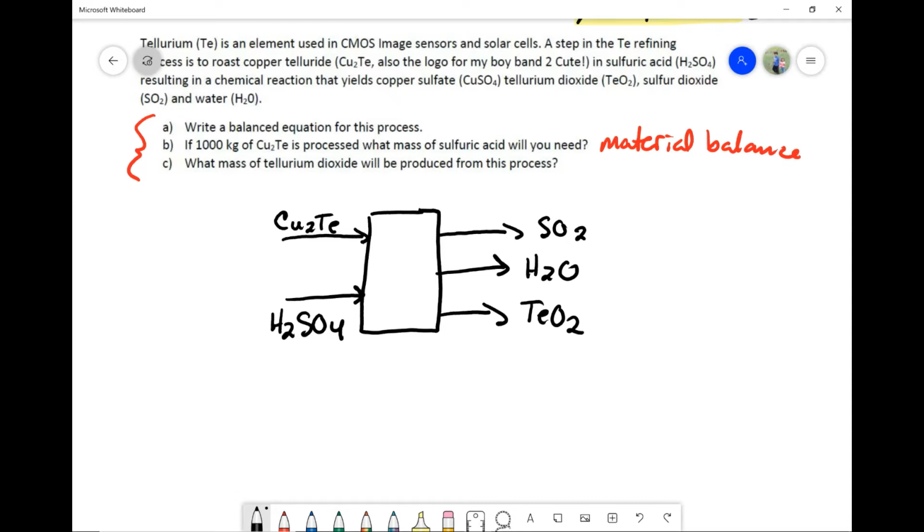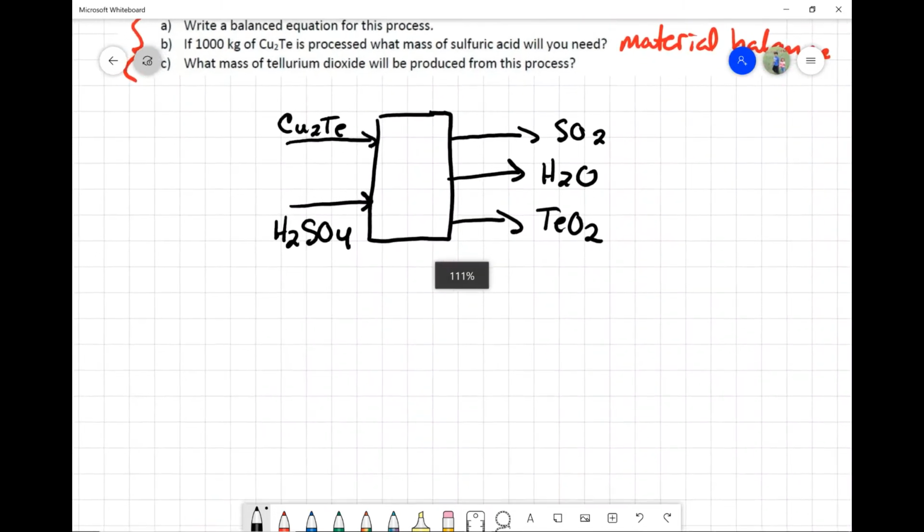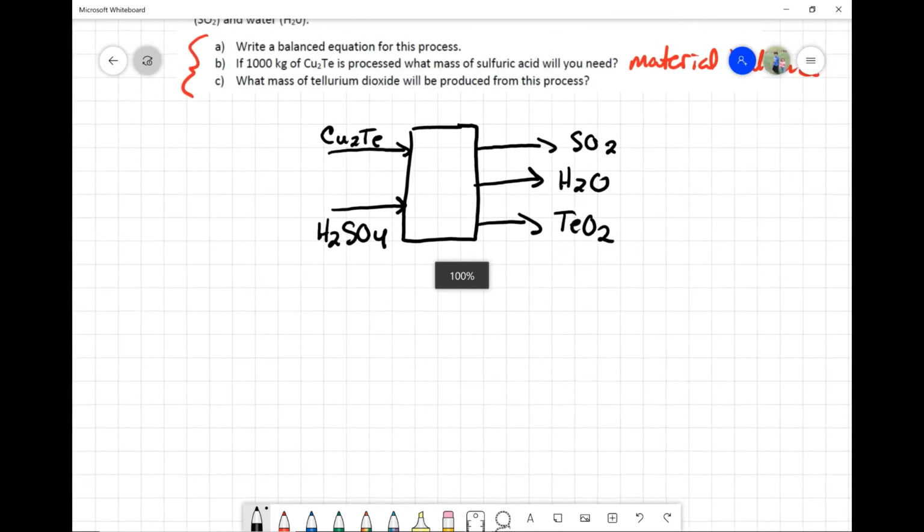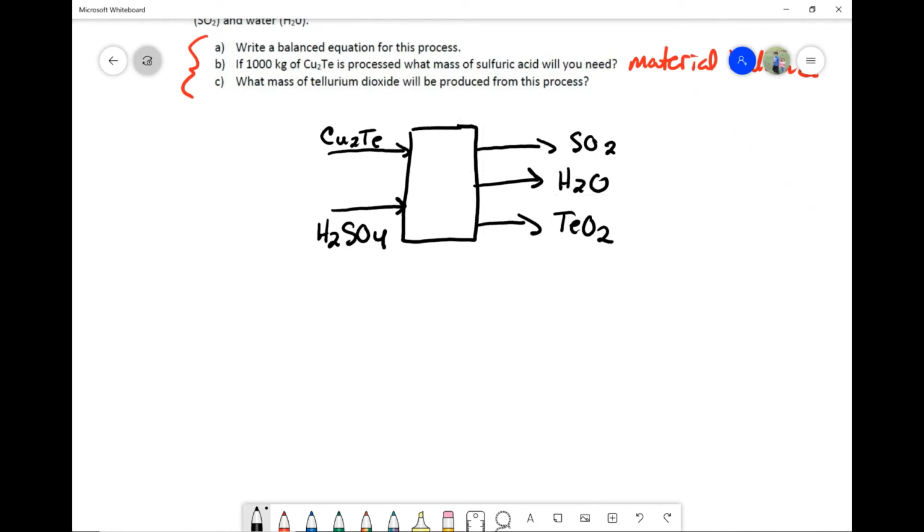Again, the material balance is driven by the chemical equation. So let's start by balancing our chemical equation. That's actually the first question, write a balanced equation for this process. We've done this before, and this is a little lengthy one.